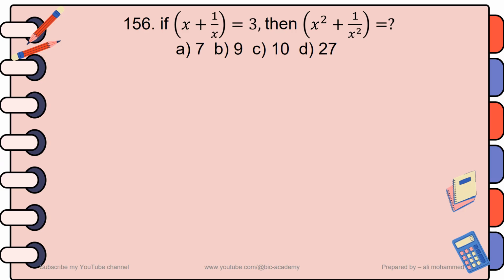Now again you are given here on the left side of the equation x plus 1 over x, which is equal to 3. Then what is required is just to find out x squared plus 1 over x squared. To get the answer for this question, square both sides of the left side equation.